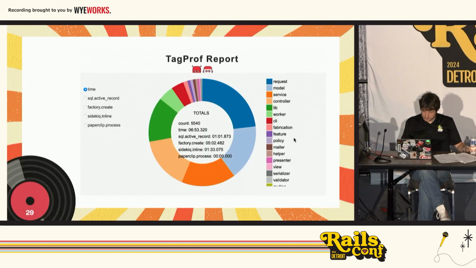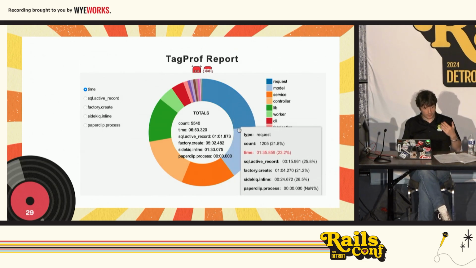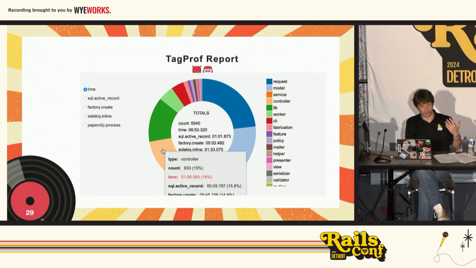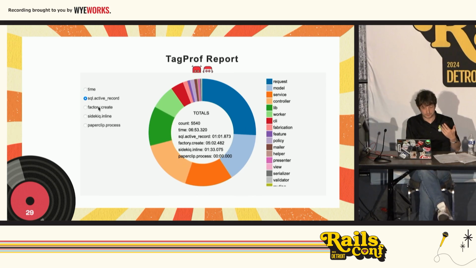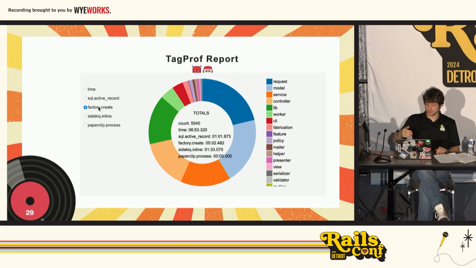Okay, so what is the result of the command I showed before of the Stackprof? In its HTML form, it also has a text representation, but I like this HTML view. It shows you how much time you spend at every group, every type of your test.